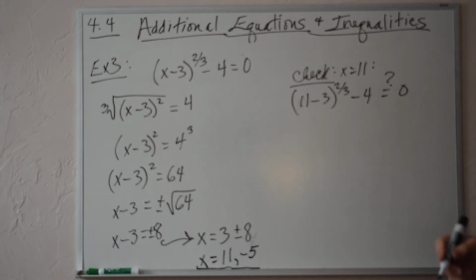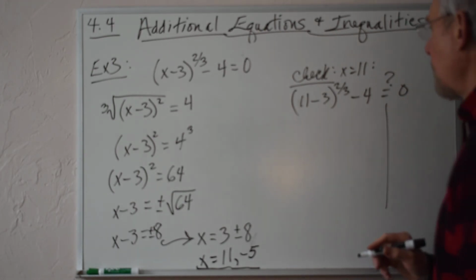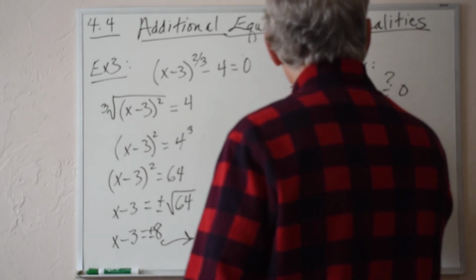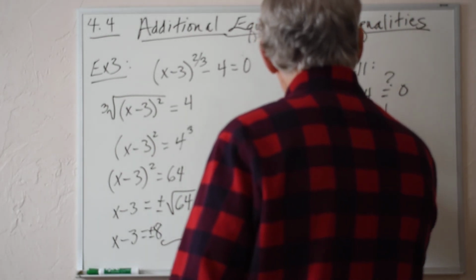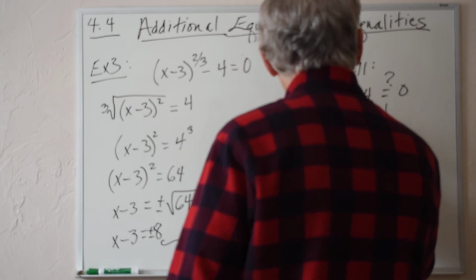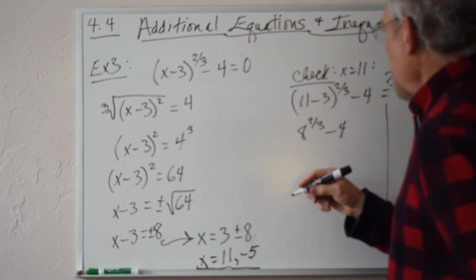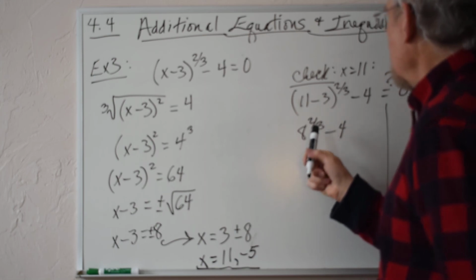Does that truly equal 0? I don't know. We'll see if it's an extraneous root or an actual root. Well, 11 minus 3 is 8. And I have to do this.